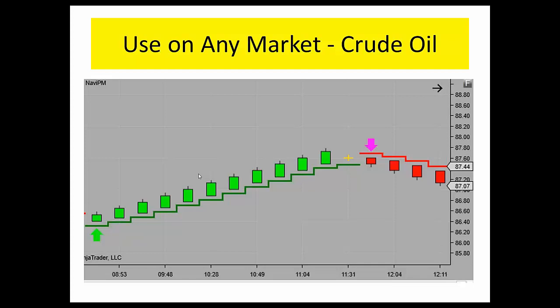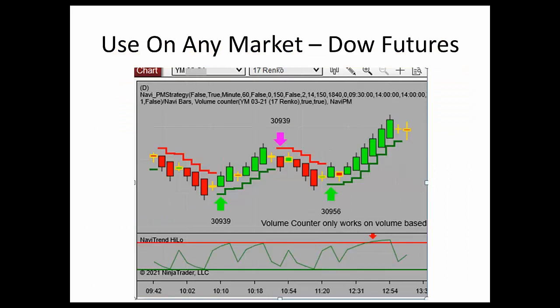All right, so the charts can be used on any market. Here's a chart on crude oil. Buy signal, followed by a sell signal. Here's a chart on the Dow futures YM contract, and this happens to be a Renko chart.